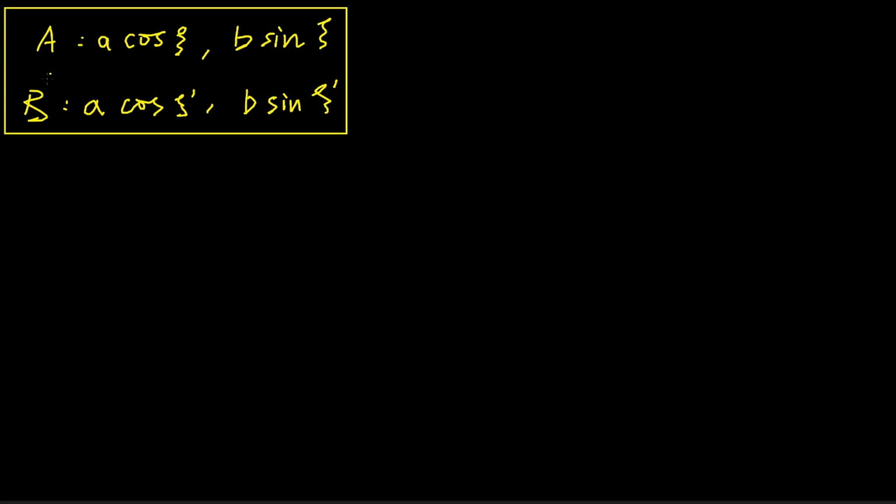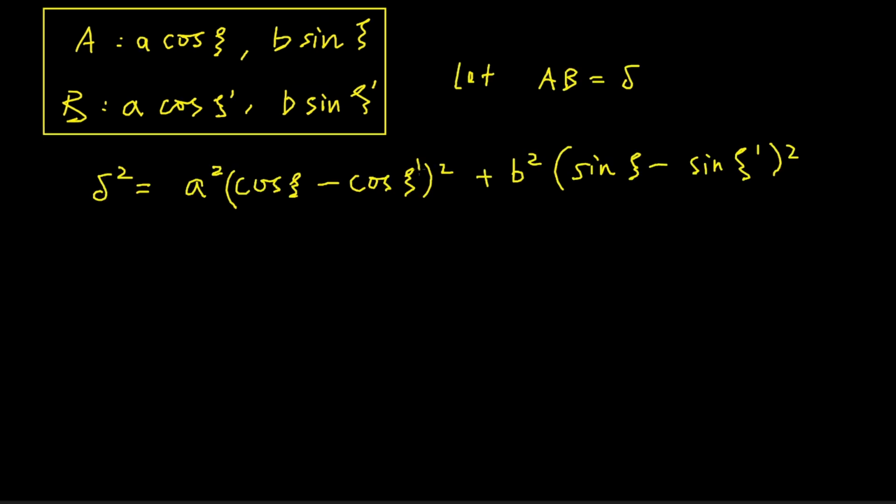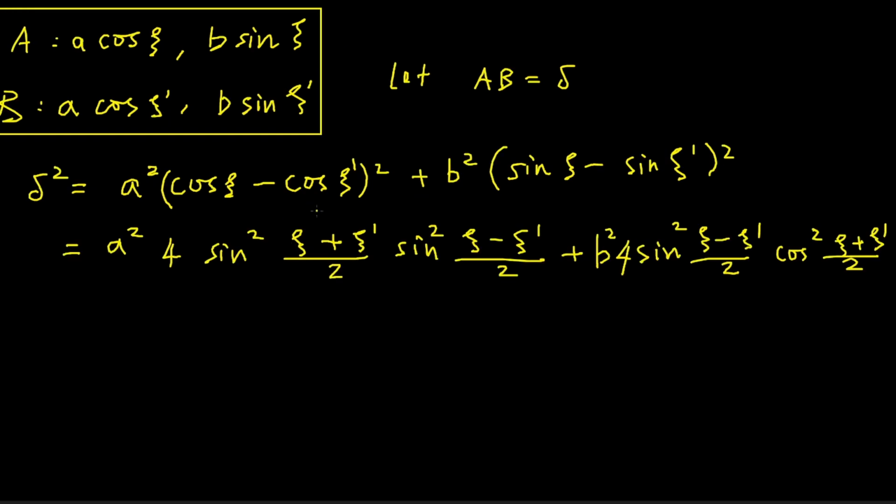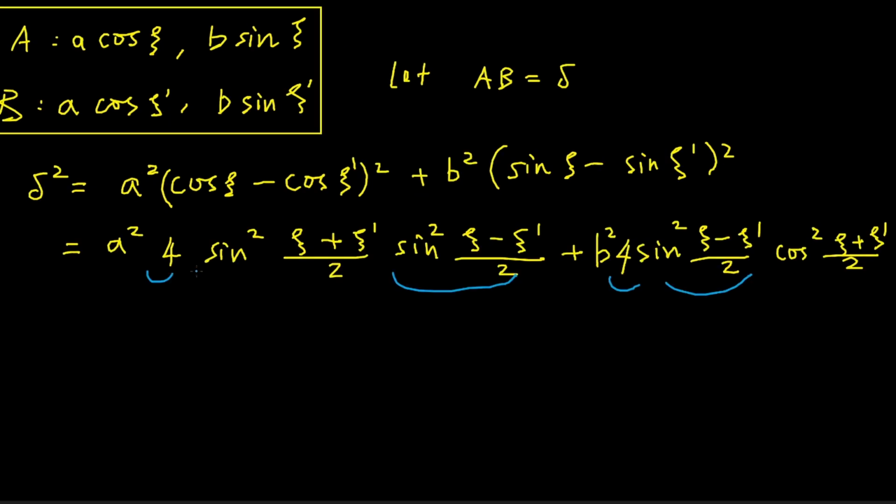Now let's try to express the distance between A and B. Let AB be delta. We can write delta squared as a squared times cosine xi minus cosine xi prime squared plus b squared times sine xi minus sine xi prime squared. We then use the difference to product formula again, and the result looks something like this. Notice that 4 times a sine squared term is a common factor.